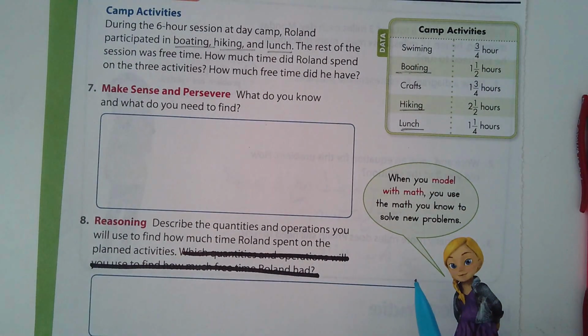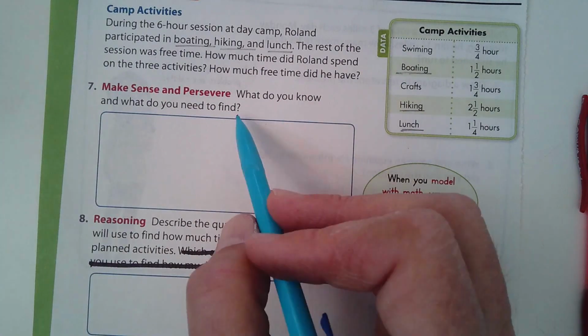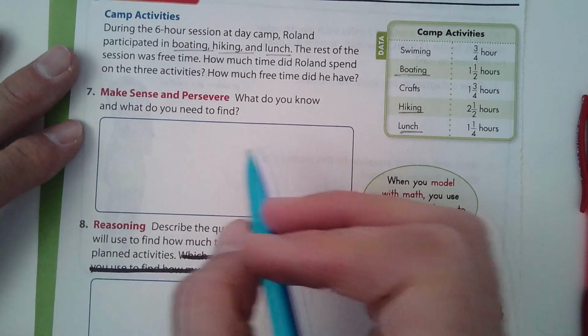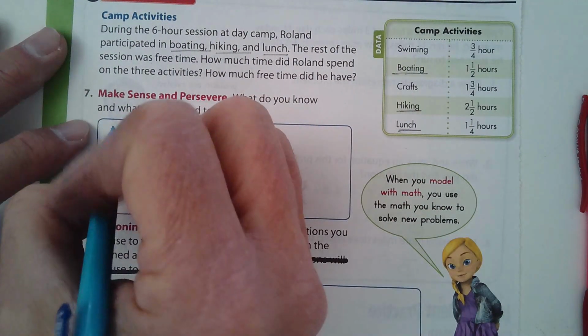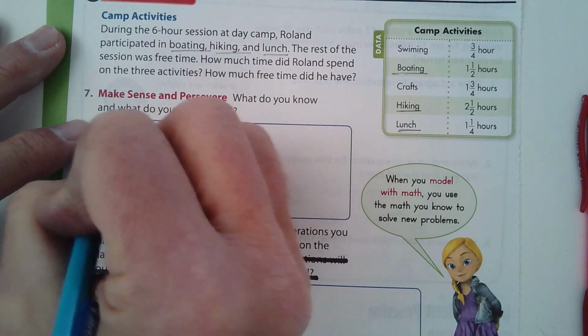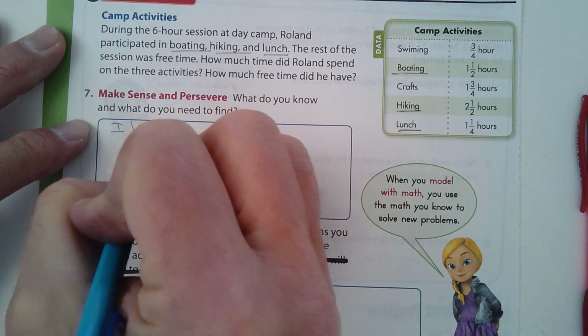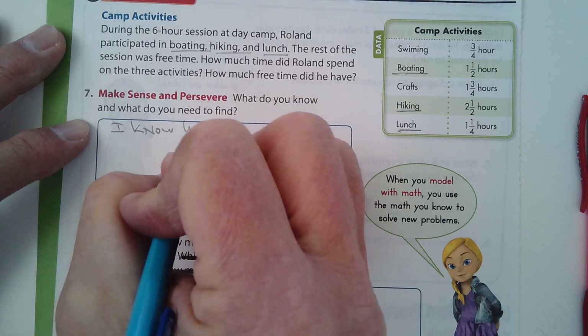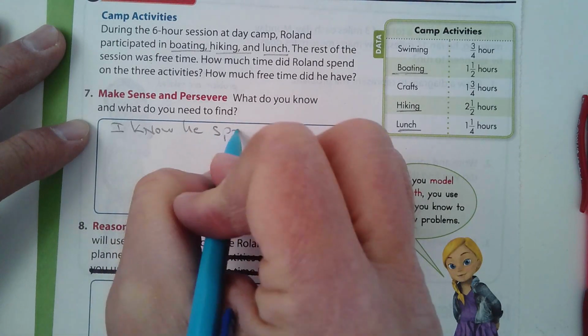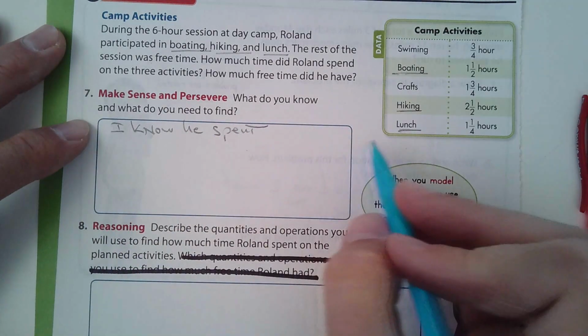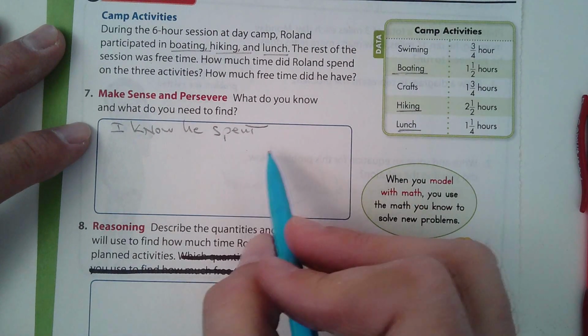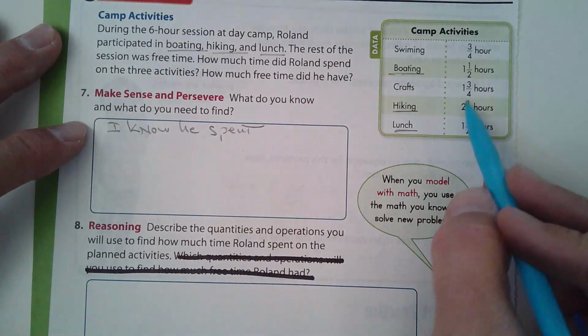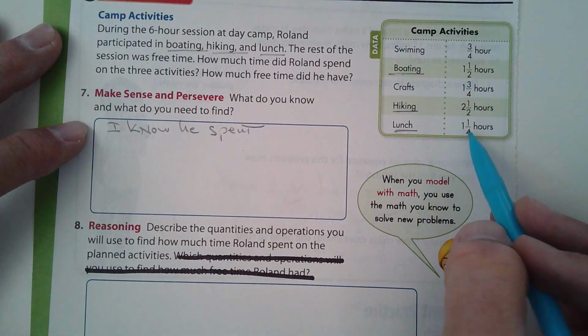So, what do you know and what do you need to know? I know he spent, and then you can write down boating, hiking, and lunch and how much time he spent on each one.